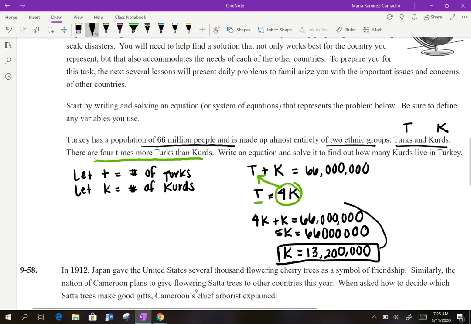And if I plug that back in here and I solve for t, I get t equals 52,800,000.